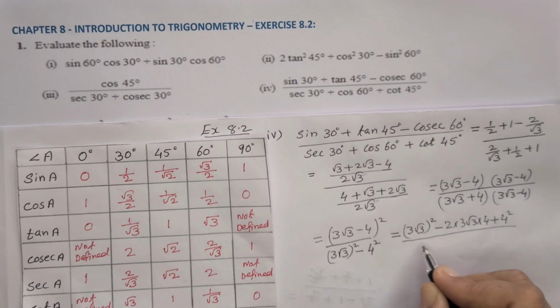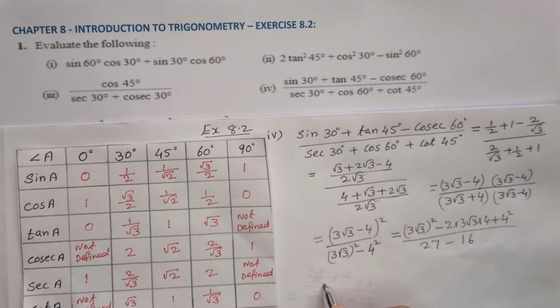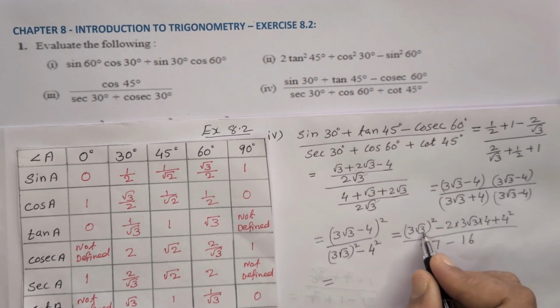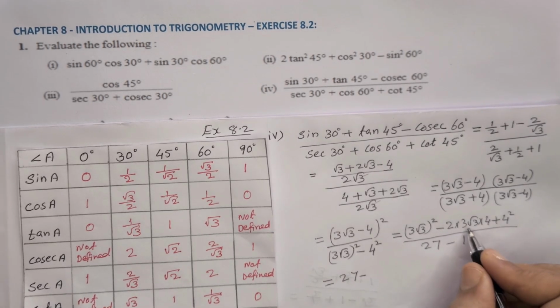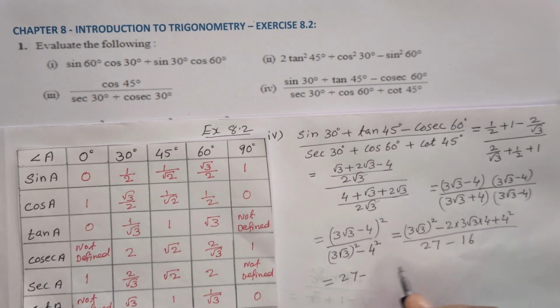So 9 into 3, 27. 4 square is 16, which is equal to 3 root 3 square. 3 square 9, root 3 square 3, 9 into 3, 27. Minus 2 into 3, 6, 6 into 4, 24, into root 3, 24 root 3.